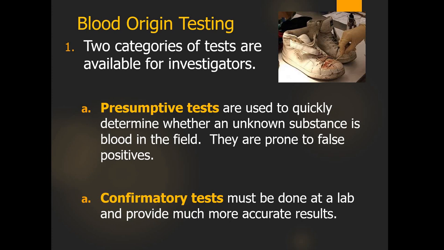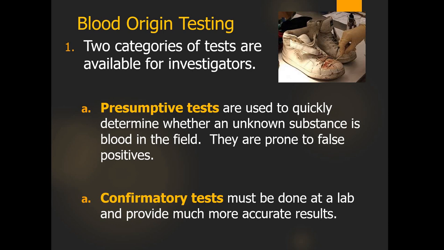So presumptive tests are used to quickly determine if I've got blood on the scene. So is this substance blood? Is it just red paint? Is it ketchup? This will let me know. A presumptive test turns really quickly at the scene, and I can tell if it's blood.